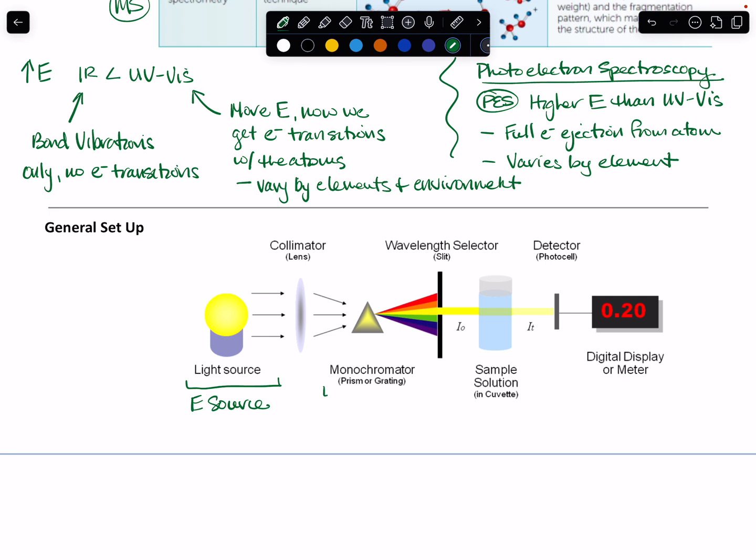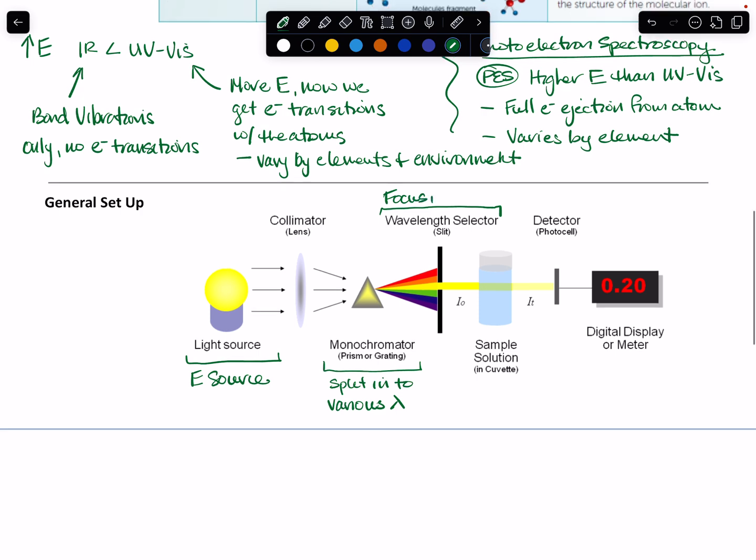And what that lets you do is split the light into your various wavelengths. So it allows you to choose what wavelength you want to focus on by splitting that light into its discrete wavelengths. Now your slit lets you focus in on a wavelength.